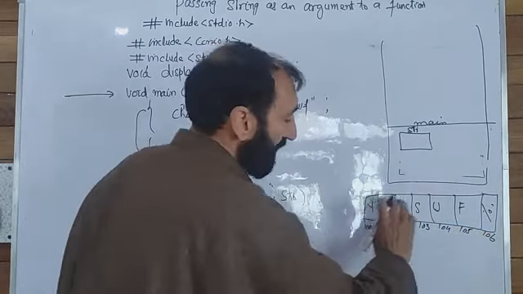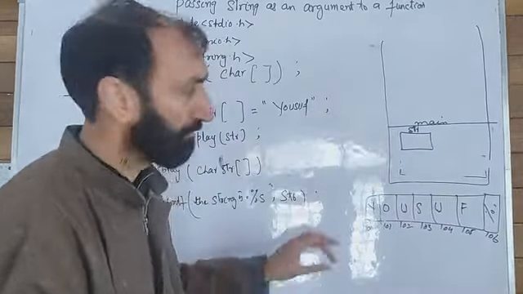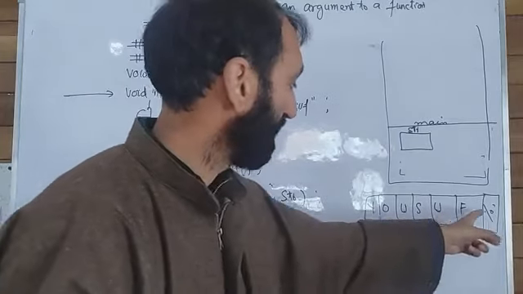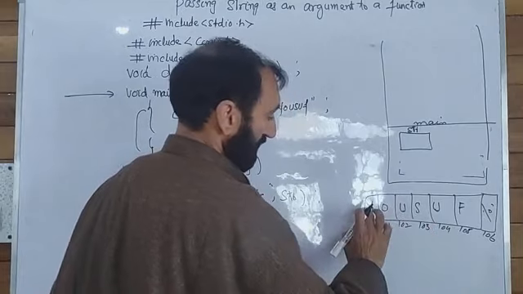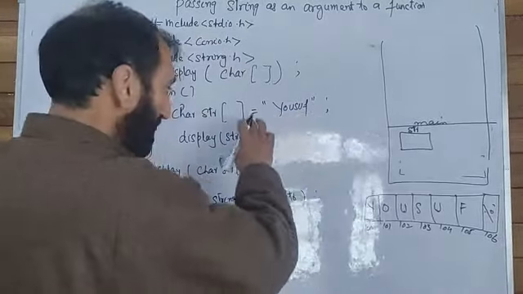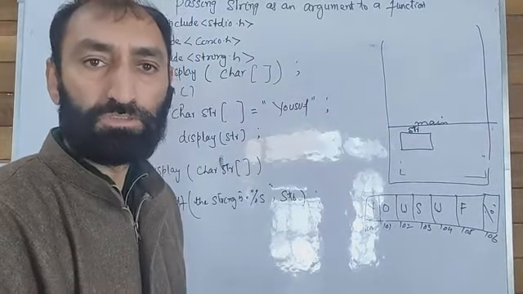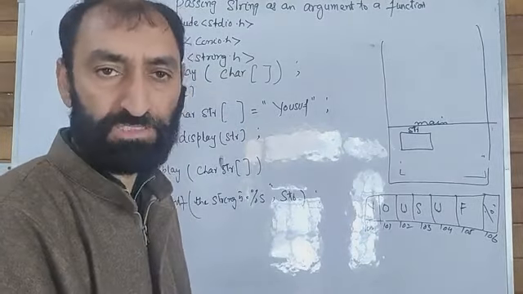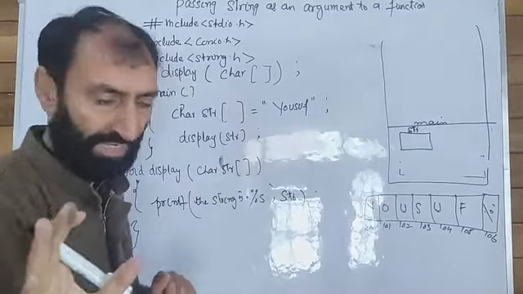That means 7 bytes of memory will be allocated for this array, and the elements of this array are Yousuf and the null character. Here I have done compile time initialization. We can also do runtime initialization, but for simplicity I have done compile time initialization.